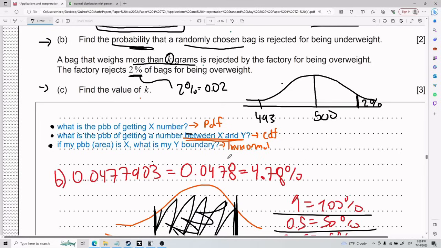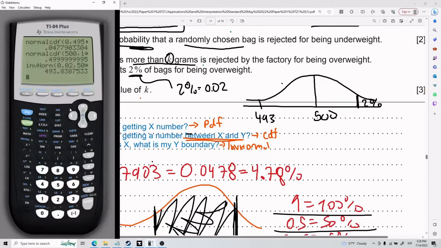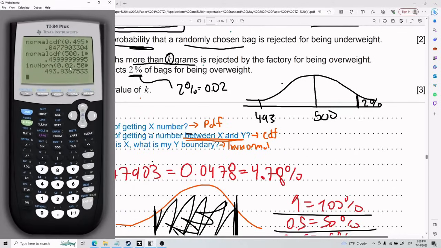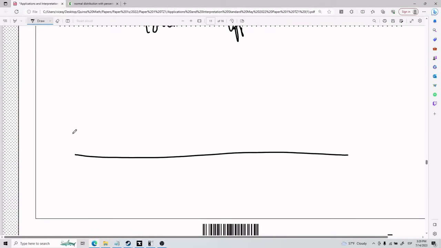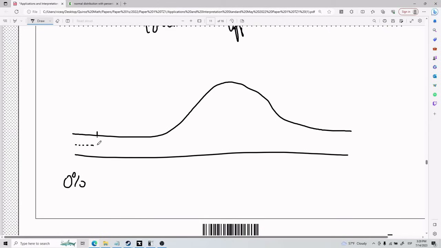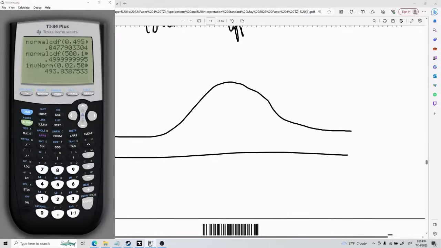If you plug in for the area 0.02, at least in the TI-84, I know some more modern ones have different options, but for the TI-84, when you use inverse normal and put in 2%, you're asking it to go from 0 to 2% and to spit back the x value, right? So you're telling it, go from 0%, reach 2%, and give me that x value. And that x value, the calculator told me, is 493.